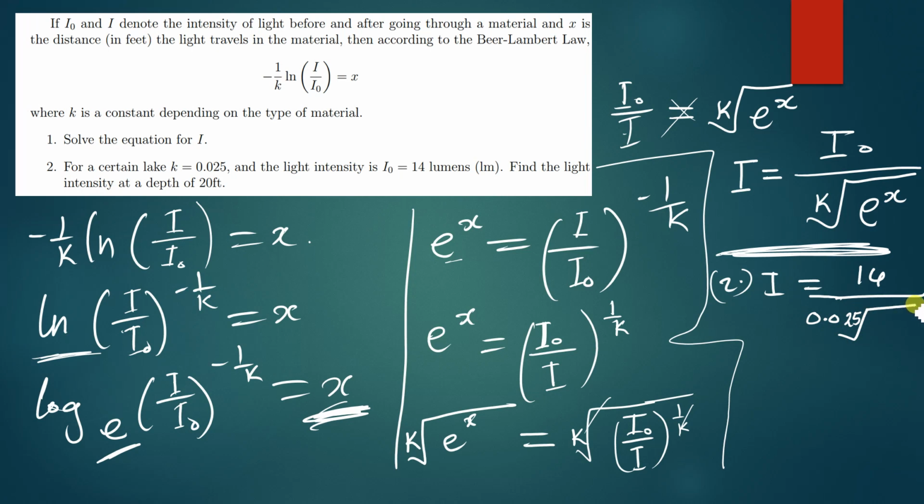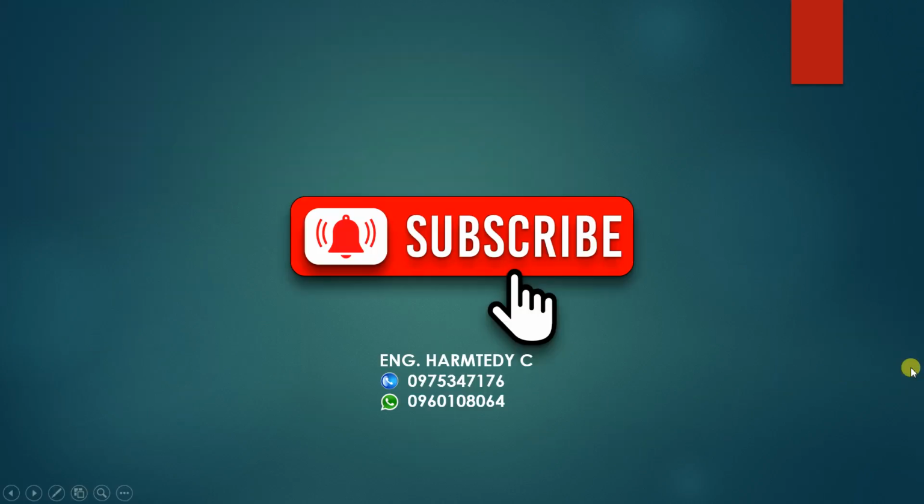Then we have the kth root of e to the power x, where the distance, that is the depth, has been given as 20 feet. So you put 20 there. If you have a calculator, this is a straightforward question. If you don't have a calculator, you end there. That is the solution.